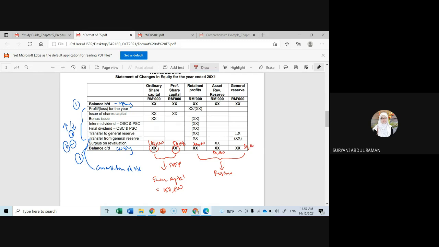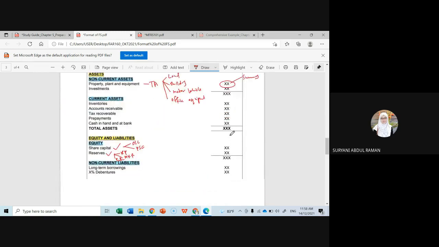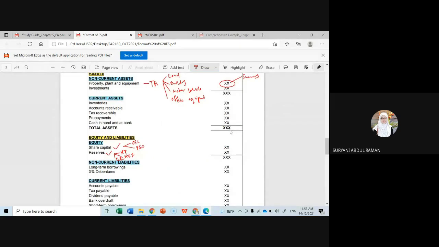How much is the total to be transferred to the SOFP? 280,000. So when you prepare the SOFP later on, for the share capital you just record 150,000, and for this one 280,000. Is that clear, class?